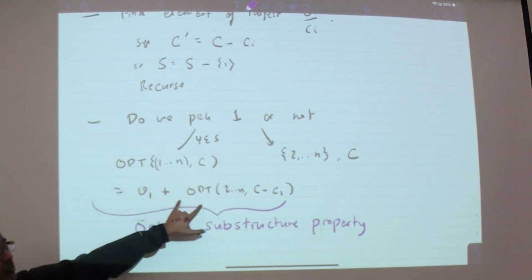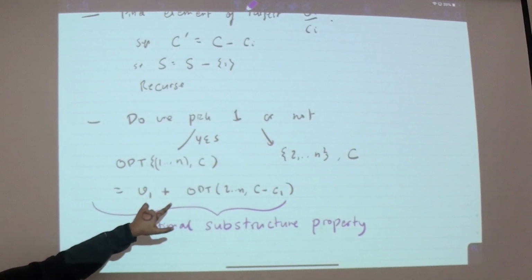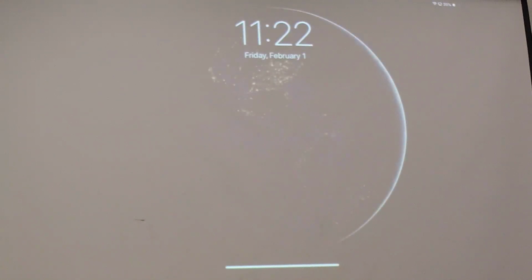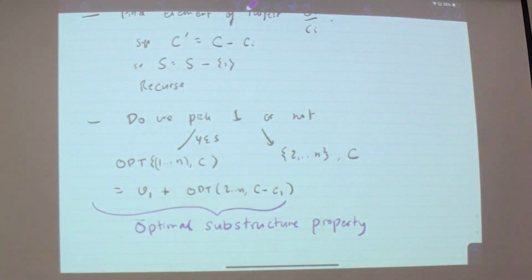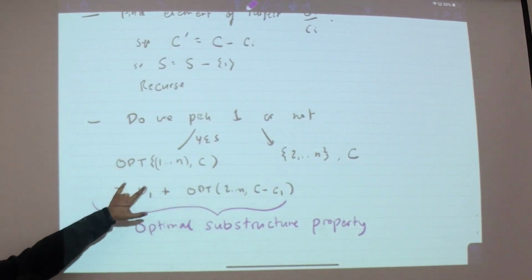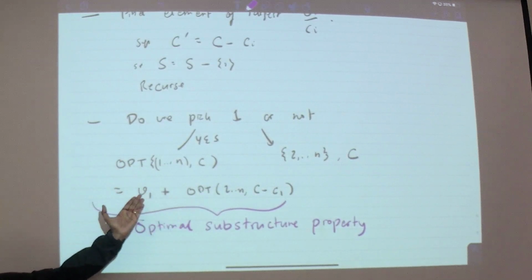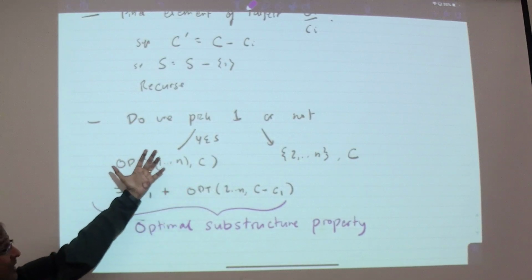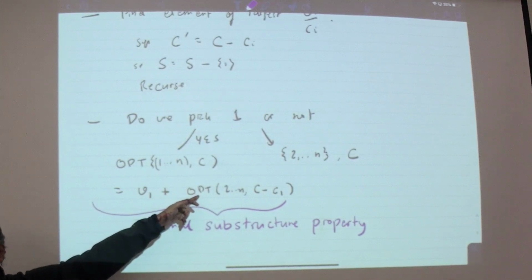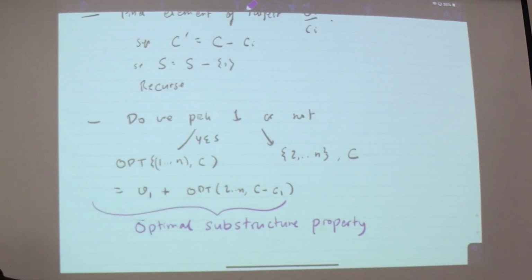The only way this equality can no longer be true is if this number is somehow bigger than this plus this, which is fixed. Then it has to have found some other solution which is bigger, which contradicts the fact that this was the biggest solution you could find for everything else. And therefore you have it.